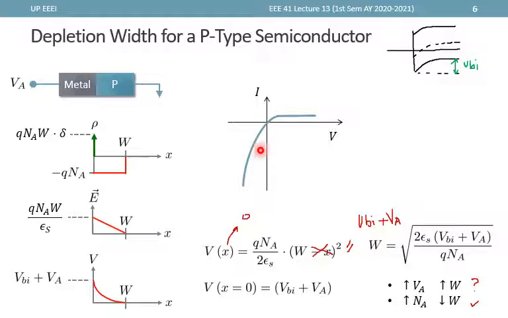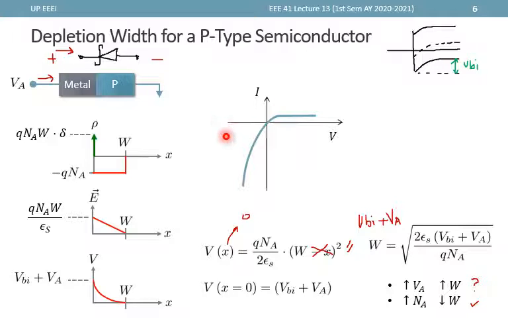And why is that the case? Note that this Schottky diode acts like a diode oriented this way. And since we are defining the voltage to be plus here and minus here, and we are also defining the current to be entering here, then we will have to flip the voltage and the current in the original Schottky diode plot.